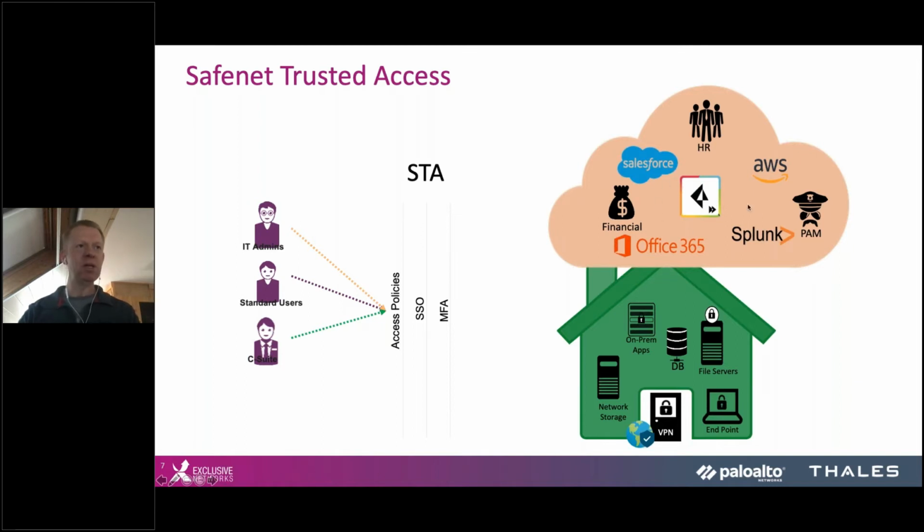And SAML is a requirement for single sign-on, okay? If you want to be able to log into Office 365 and then do single sign-on to Salesforce, for example, you need to use the SAML protocol. It doesn't work when you would use Radius, for example.